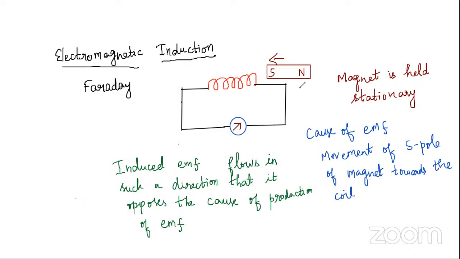This is the cause. Then induced current flows through the coil in such a way that the nearer end becomes a south pole.